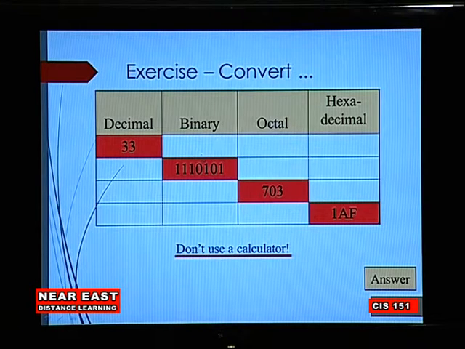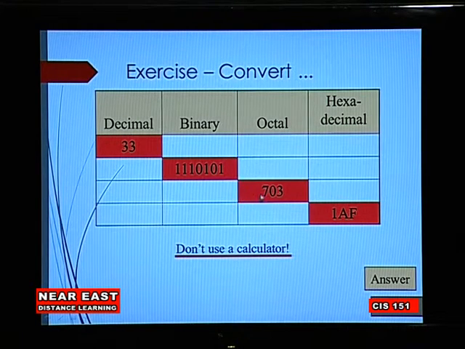This exercise will show us how to convert decimal to binary, to octal, to hexadecimal. We're going to convert 33 in decimal to binary, octal, and hexadecimal. Again, we're going to convert 110101 in binary to decimal, octal, and hexadecimal.